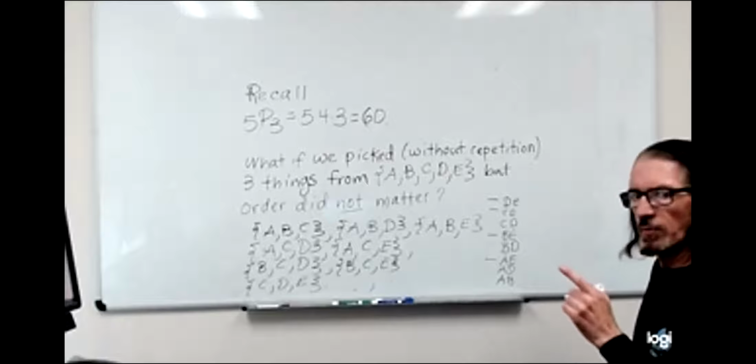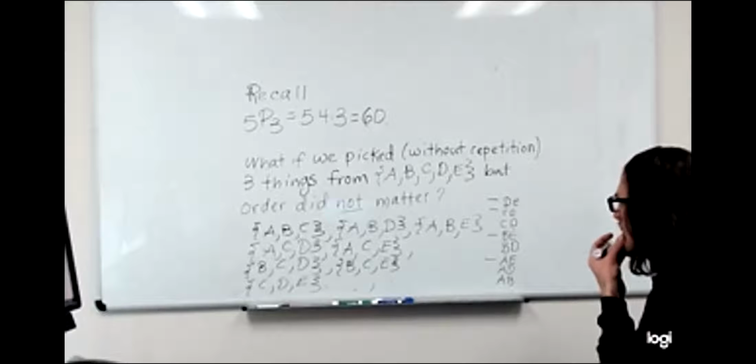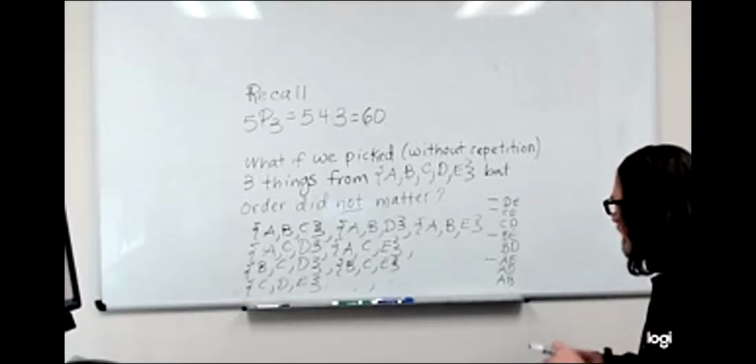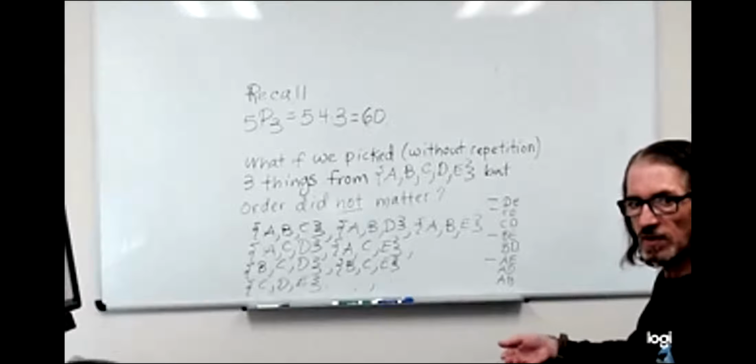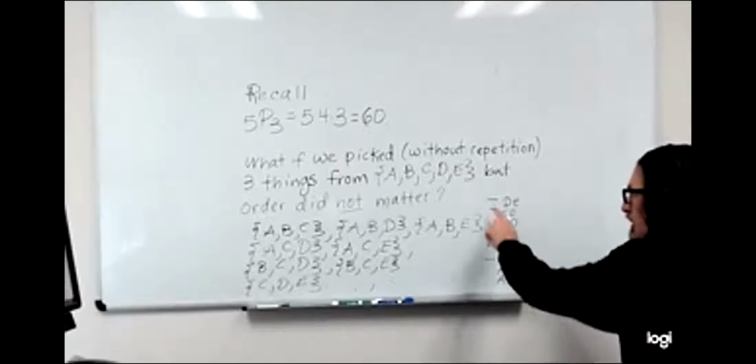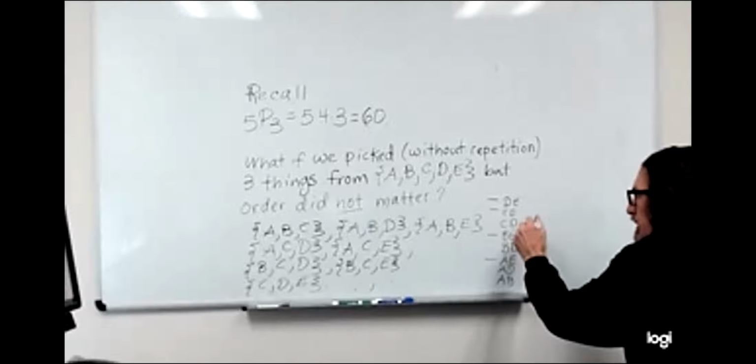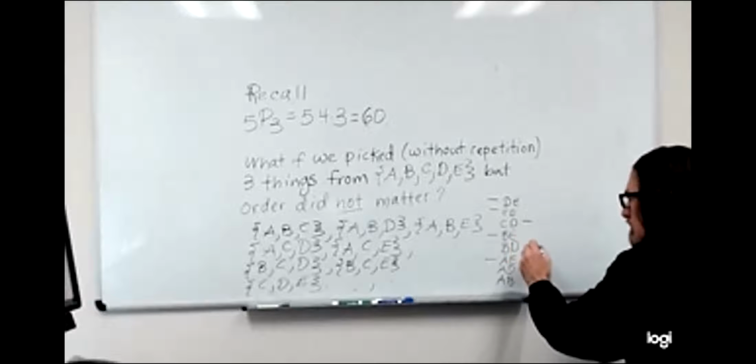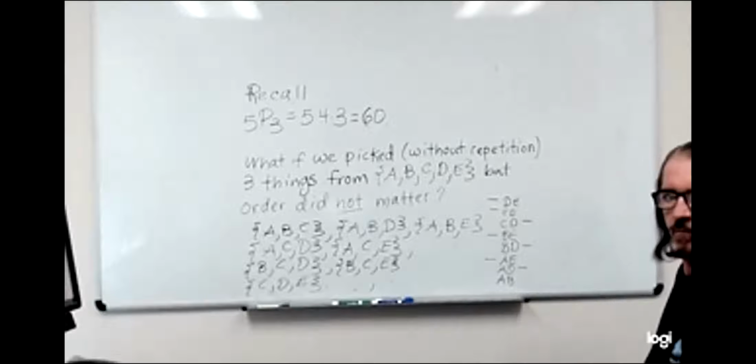I should be able to similarly come up with 4 ways to leave out D and someone else. Here's one of them. Here's another. A third, and a fourth.